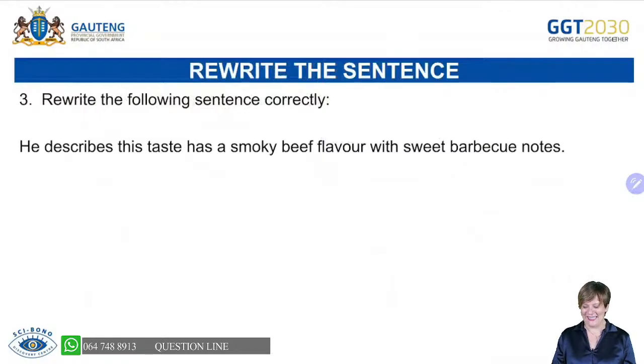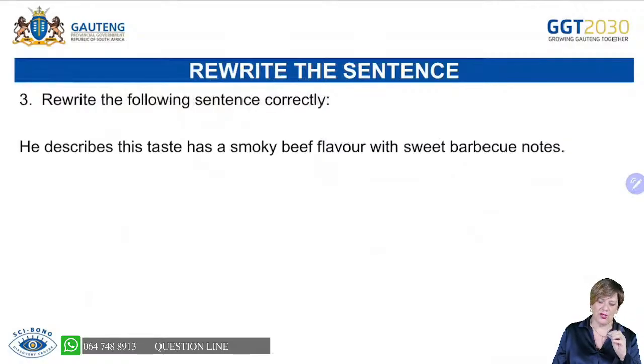Rewrite the sentence. Okay, so this was a strange question we got last year in the November question paper. That's why I've added it here. It doesn't tell you what's wrong with it. He describes taste as a smoky flavor with sweet barbecue notes. The thing you had to do here is read it in your mind.